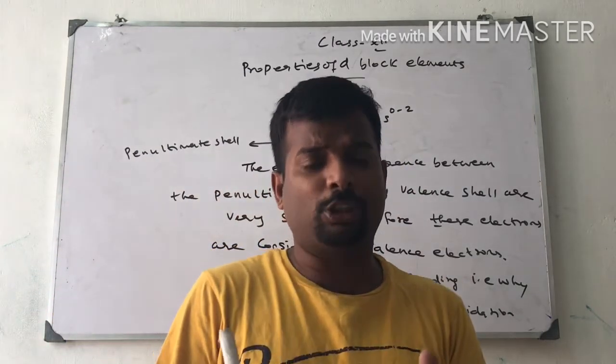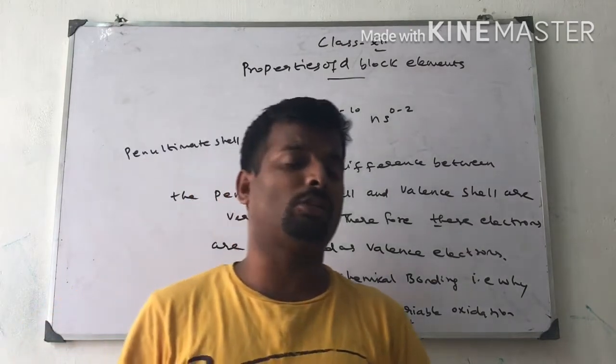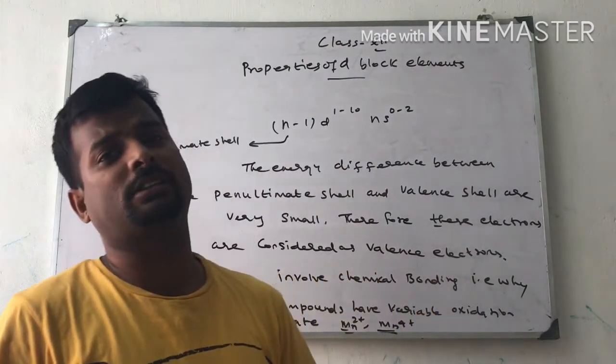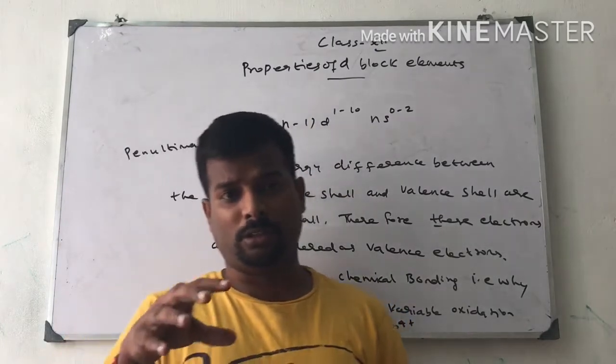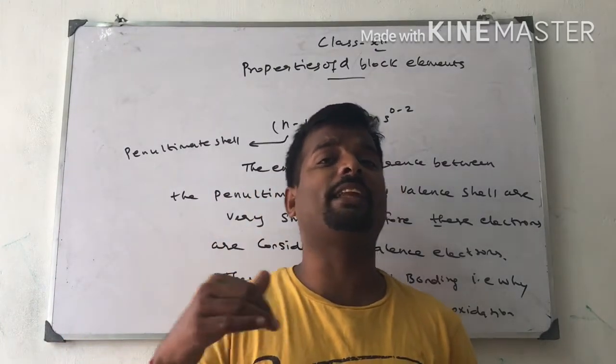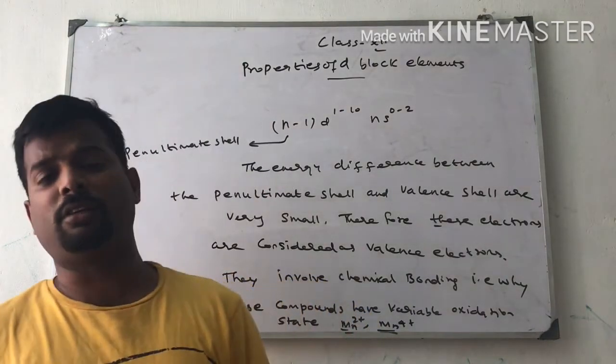The D block element is present in between S block and P block elements, so it is also called a transition element. We already discussed why it is a transition element: because of progressive filling of incomplete D orbitals, 1 to 9, not completely filled D orbitals.